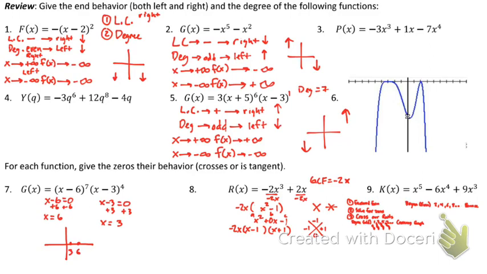It's completely factored. The next step says we want to solve for the zeros, or solve for X. So we're going to split this up: any factor, put it equal to 0. So we have -2x equal to 0, X minus 1 equal to 0, X plus 1 equal to 0.